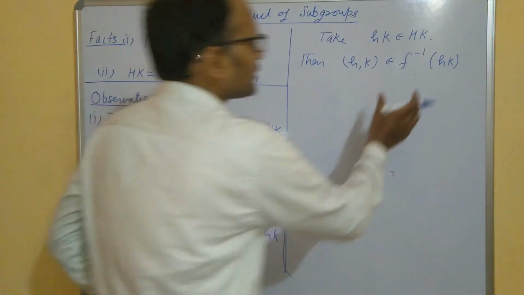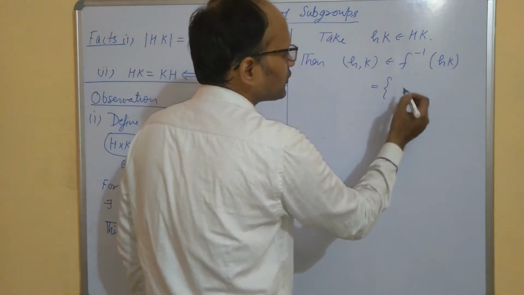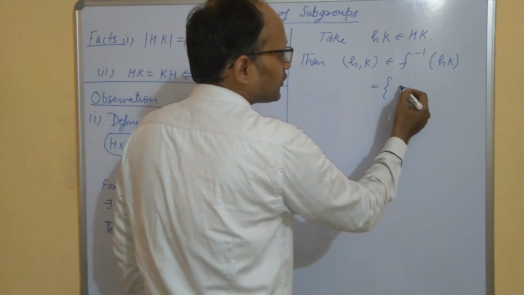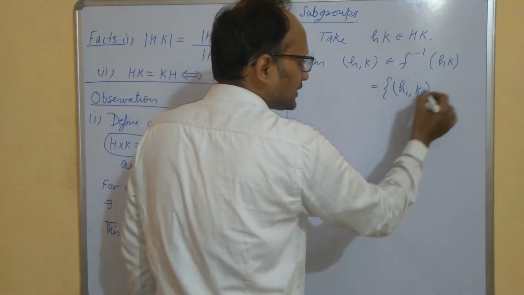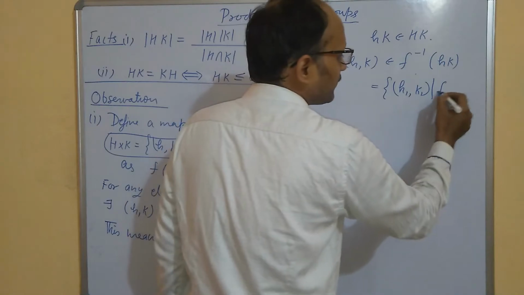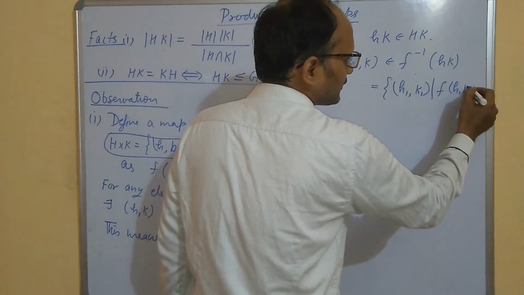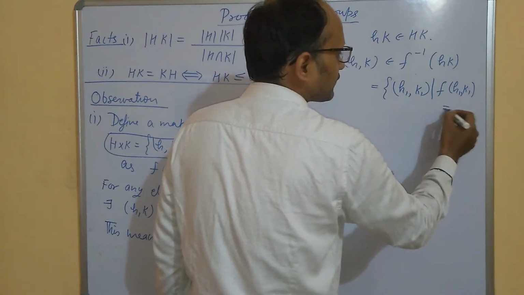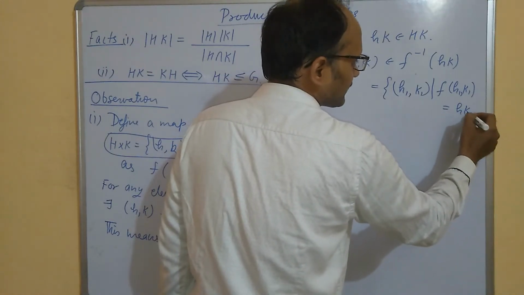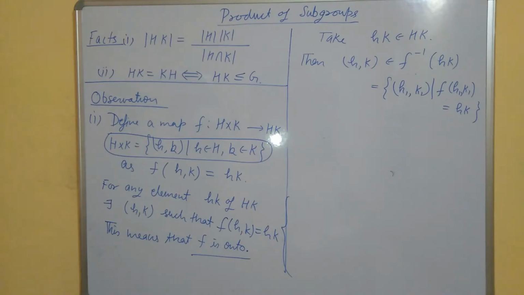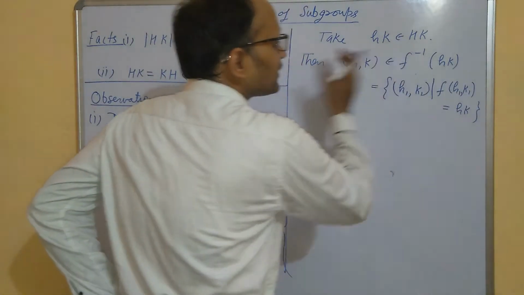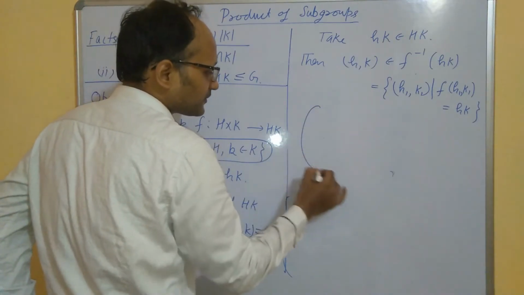Note one thing, f inverse means the collection of those elements (h1, k1) such that f of (h1, k1) is equal to hk. F inverse does not mean that f is bijective, when we are talking about the inverse of the map. We are just talking about the inverse image of an element.